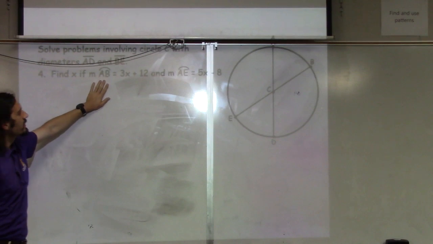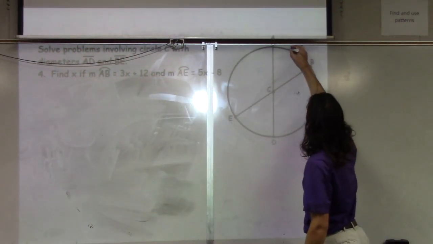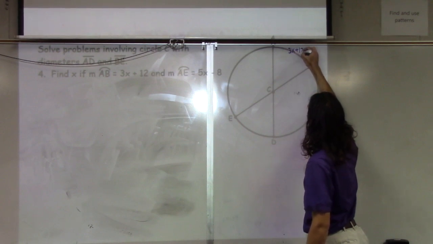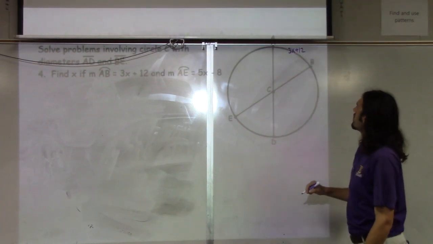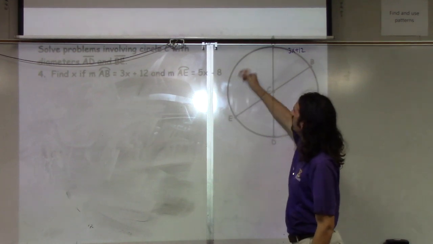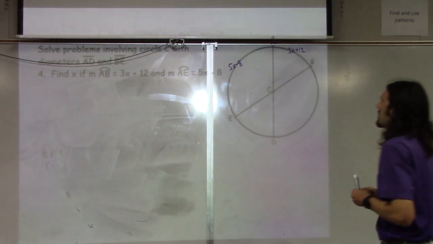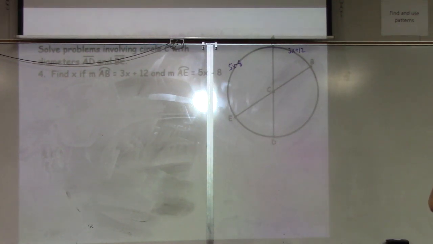So AB is 3x plus 12. So we can come over here and we know AB is 3x plus 12. And it also says that AE over here is 5x minus 8. So the question just becomes, how do we put those ideas together? That comes from reading the first part of our problem.